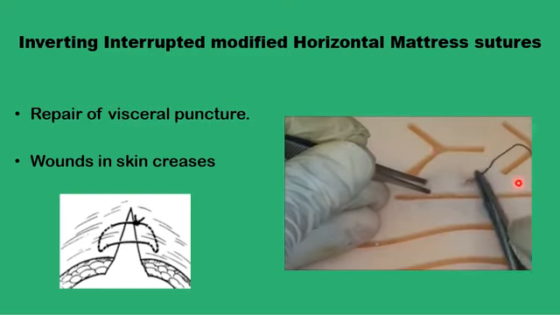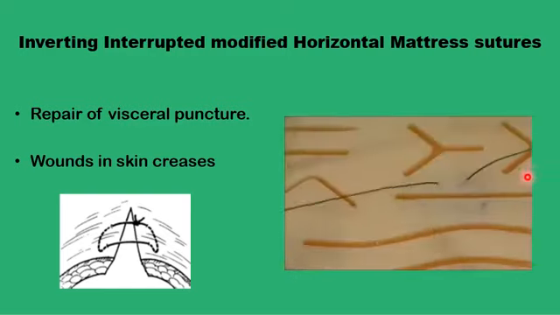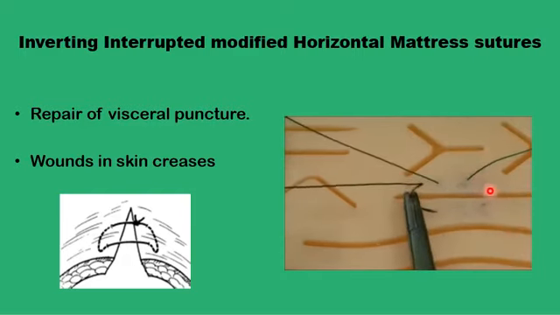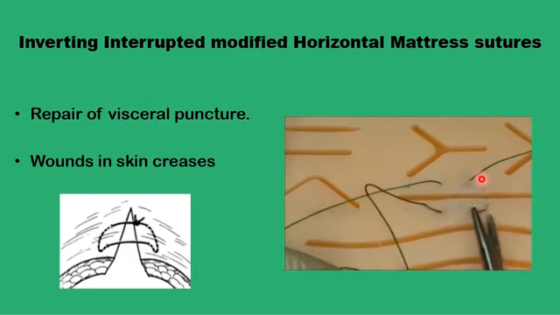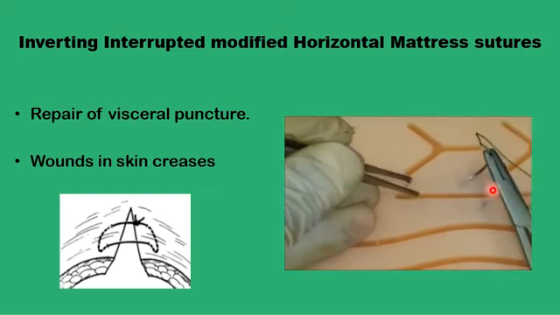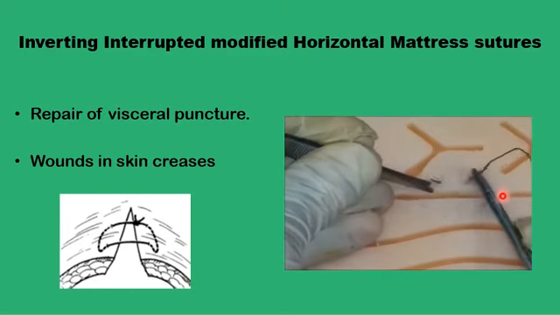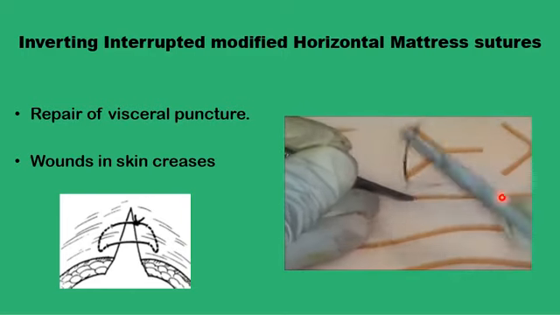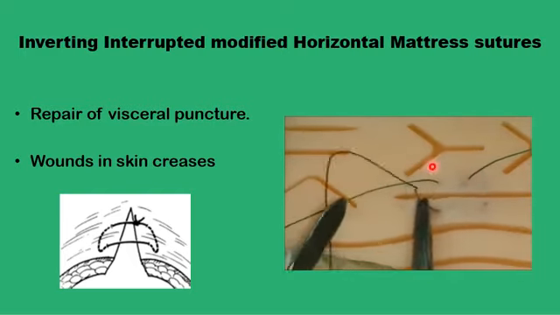In this version of the horizontal mattress suture, you can see the bridges are perpendicular to the wound edge. This is done by passing the needle parallel to the wound edge rather than across it, cross to the other side, and then again pass the needle parallel to the wound edge, retrieve it 6 millimeters from the edge, and now tie the knot, and you have two bridges lying perpendicular to the wound edge.